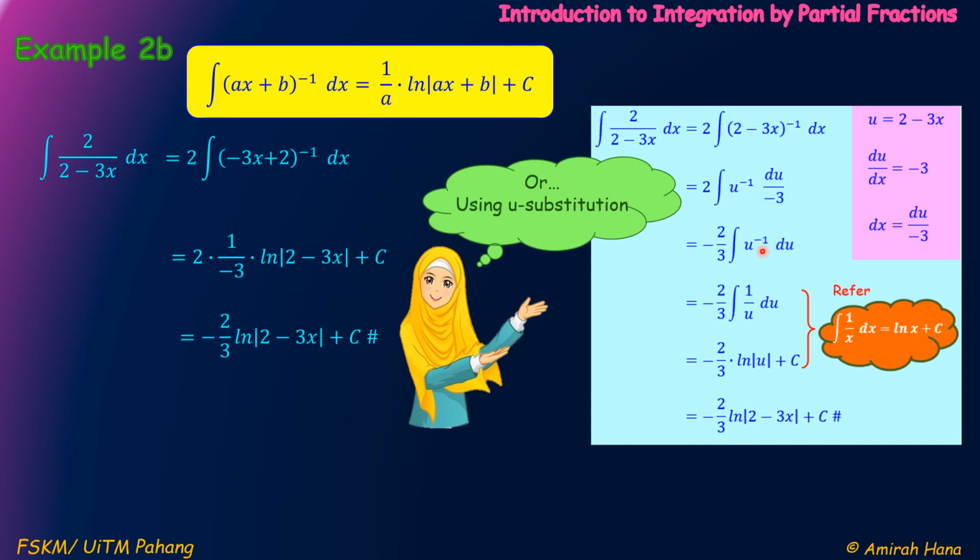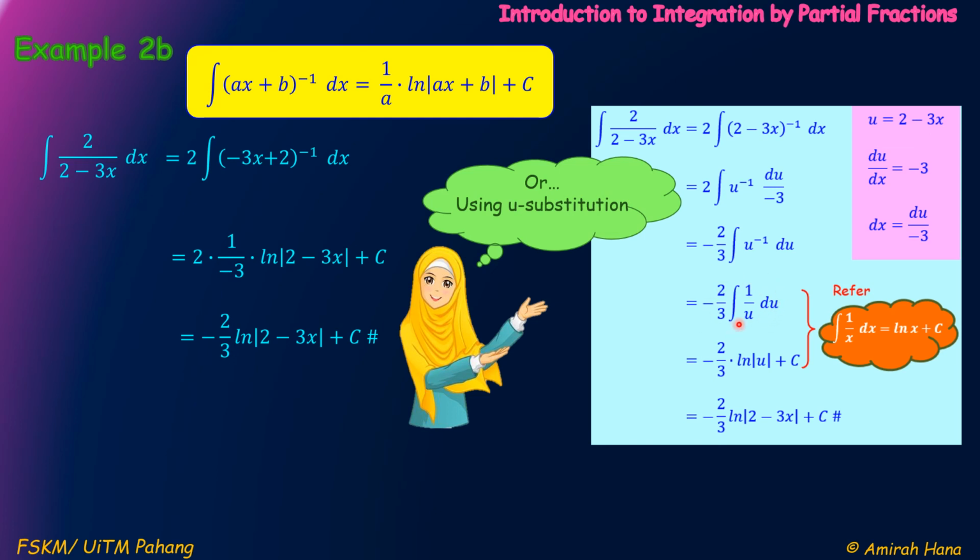If n equals negative 1, we cannot integrate using the power rule. So what should we do? We change it using the properties of indices, so we can write 1 over u. Now we have negative 2 over 3, integration of 1 over u du.